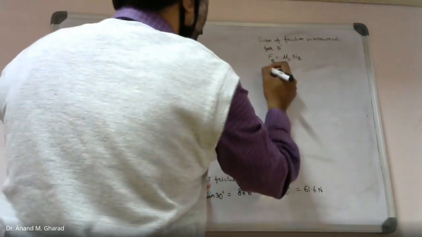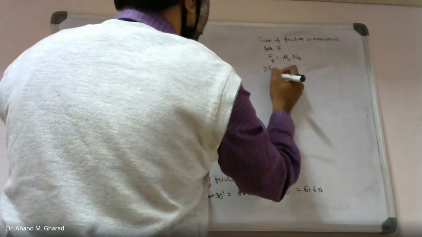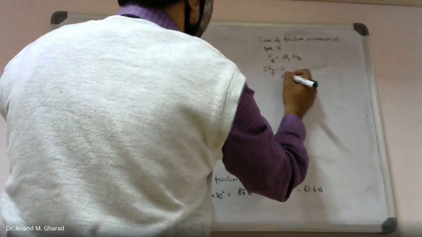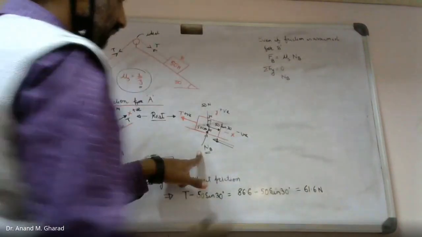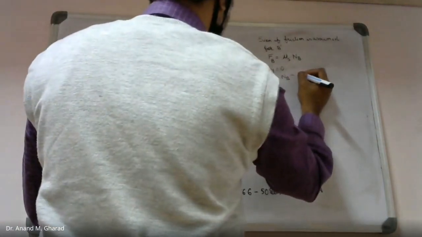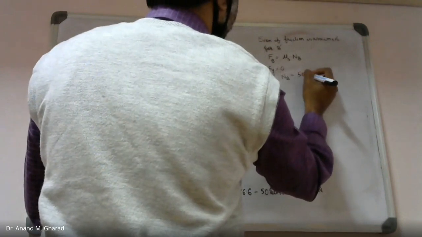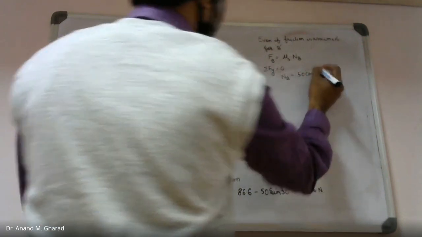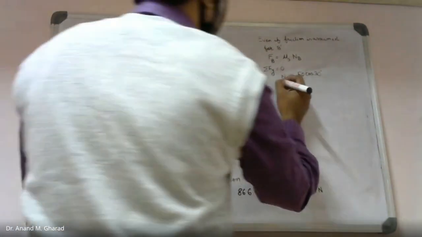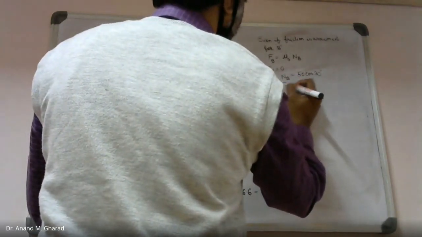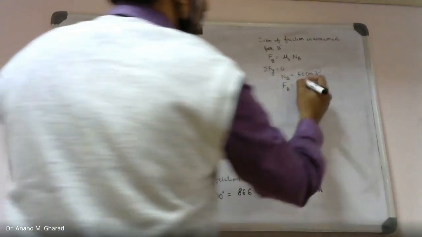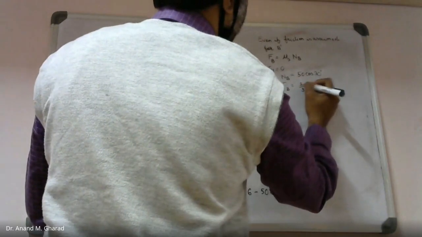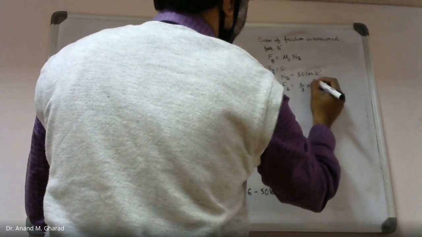What is the N_B value? Summation of force in y direction equal to 0. N_B will be equal to 50 cos 30, correct? And therefore, friction for block B will be 1/3 times 50 cos 30.